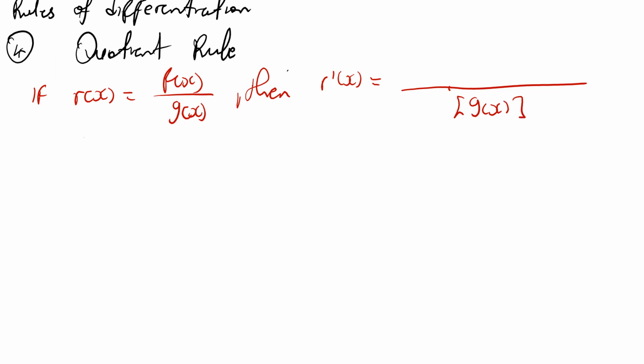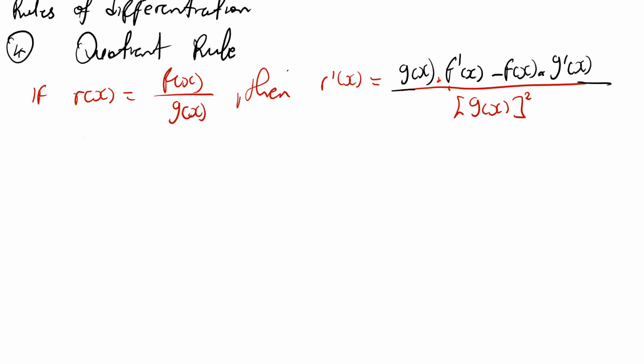After squaring your denominator, write it here, g of x squared. Then you multiply it with the derivative of your numerator, f prime of x, minus, then you keep your numerator the way it is and multiply with the derivative of your denominator. So this is the quotient rule.